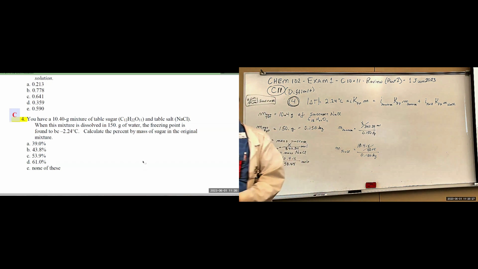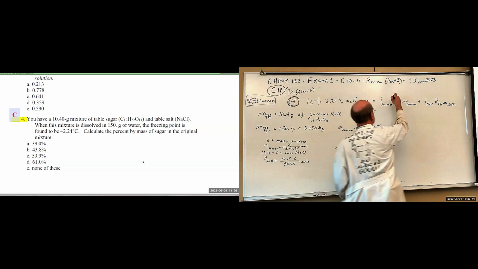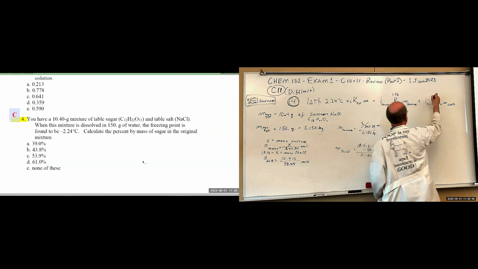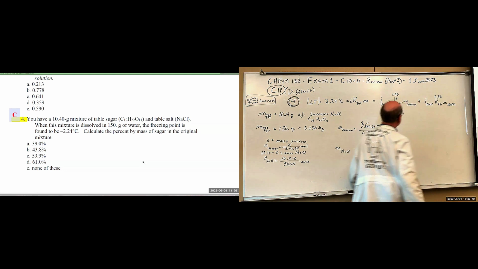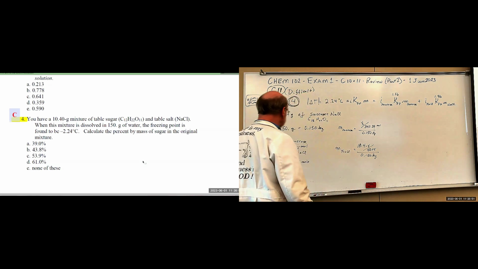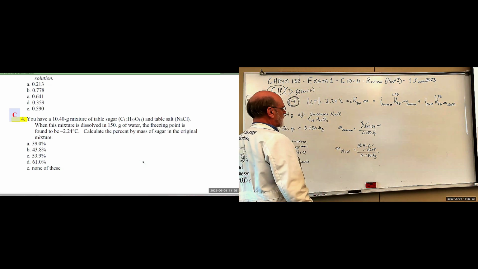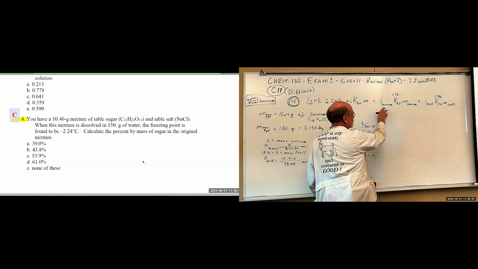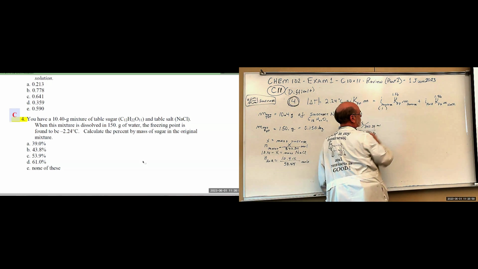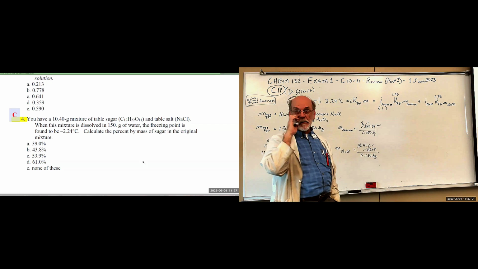What's the K for water? We looked it up once before. Here it is, in the useful information: 1.86 degrees C kilogram per mole, or degrees C per molal. This value is 1 because sucrose does not dissociate.